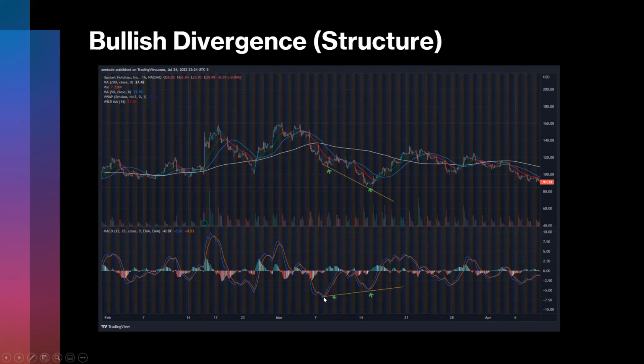You can see right here on the momentum that we have a significant price drop but lower momentum. Our momentum is not as bearish as it was at the first point, even though the price is 20 points lower. And look how long it took for us to realize this divergence for the reversal. You're talking almost a week.